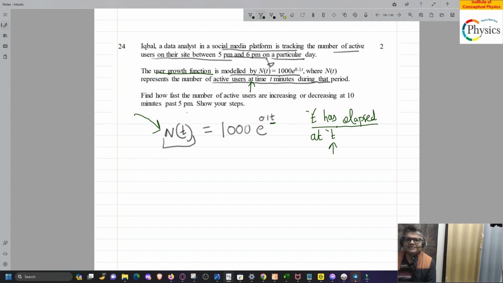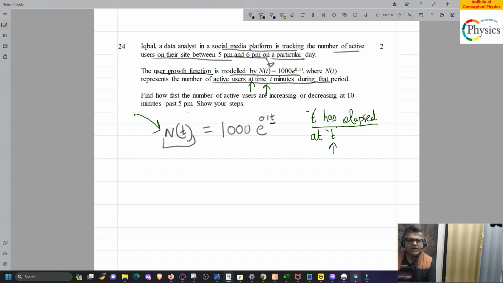Maybe somebody says this is after 20 minutes. No, it is not after 20 minutes. It is at the 20th minute, right? This is the language you have to use. At that instant. In the next instant, the user growth is different. This is the message which is coming from the equation. Okay, so at time t minutes during that period.